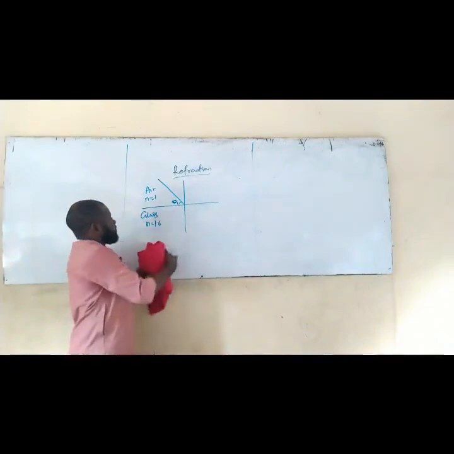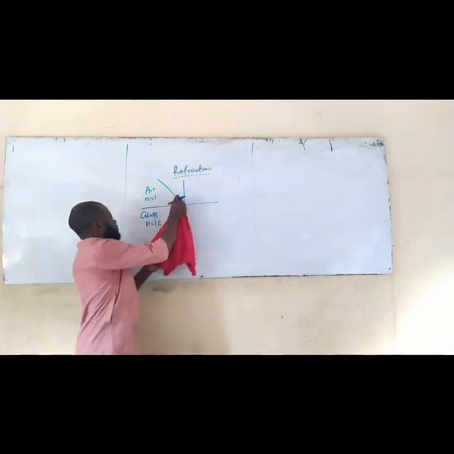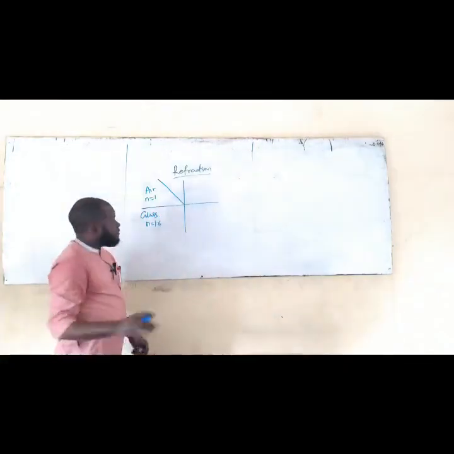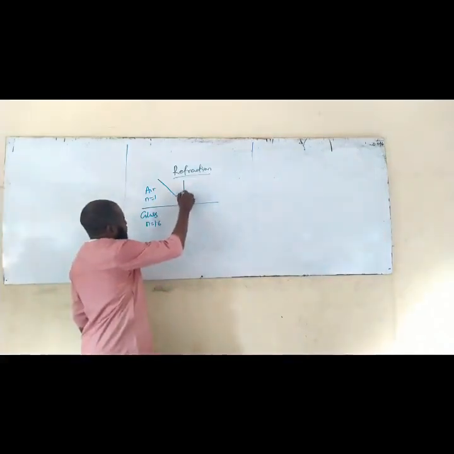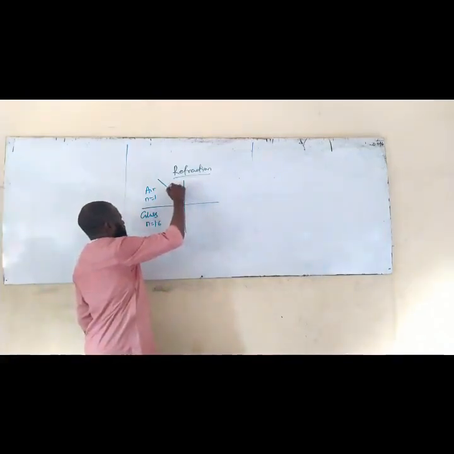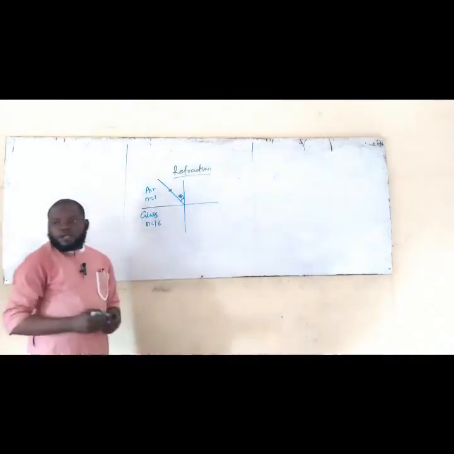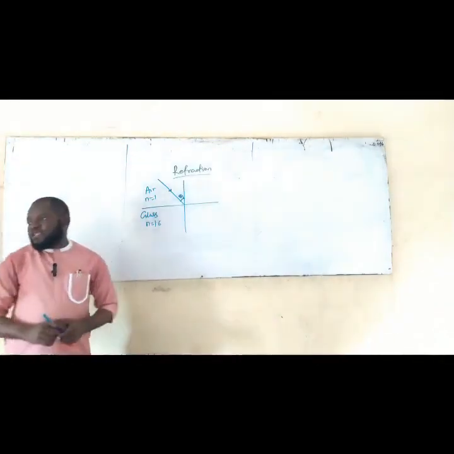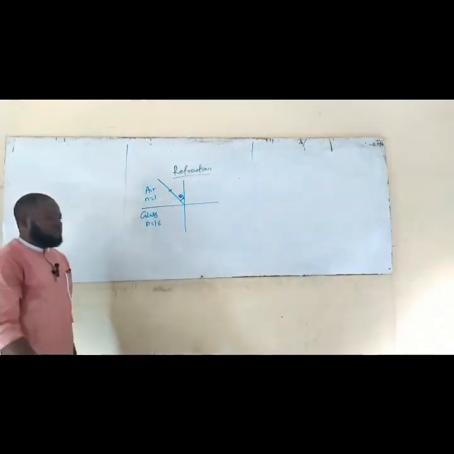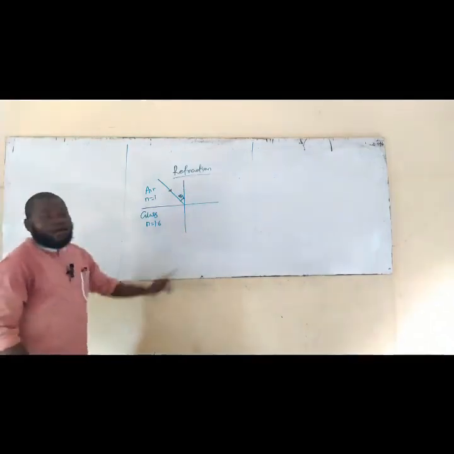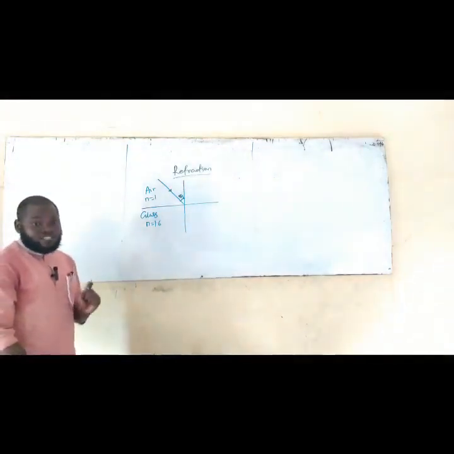Sorry, the angle of incidence is supposed to be measured from the normal. θ1, and this is the incident ray. Now there's something you need to get clear here. Listen, before I continue with the diagram, you know this is the normal. Please note this very well.